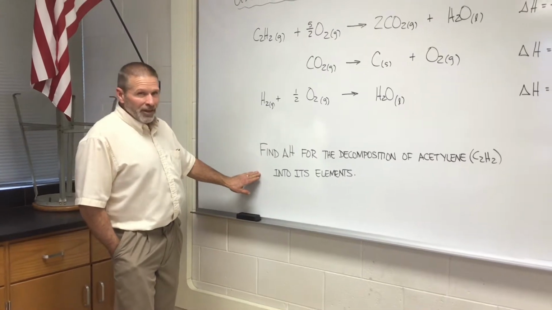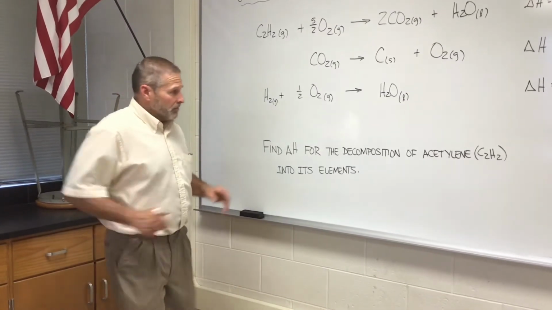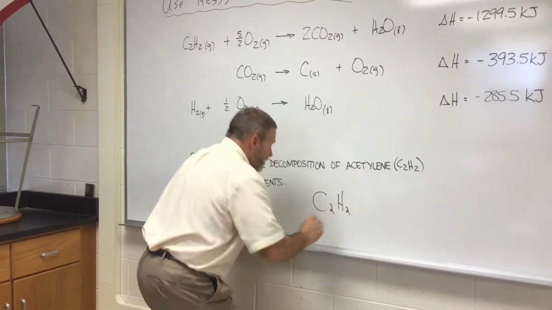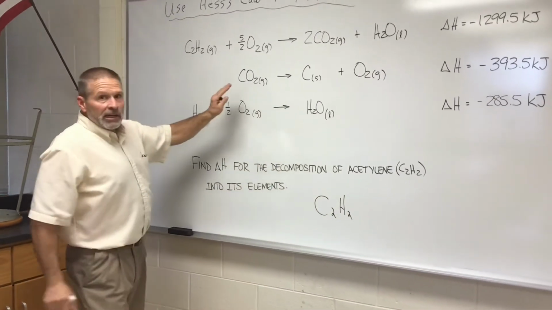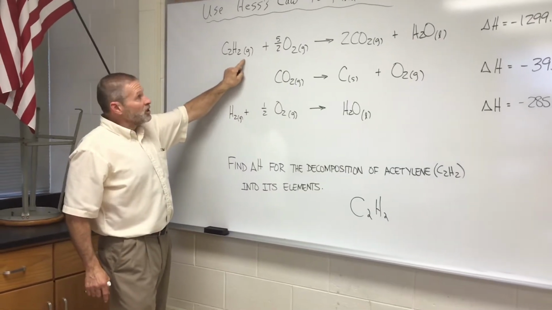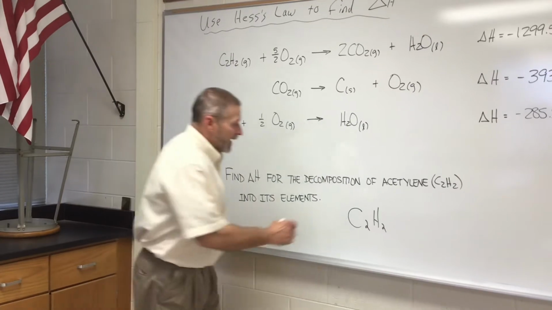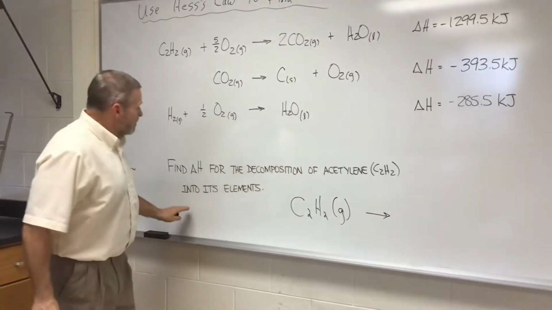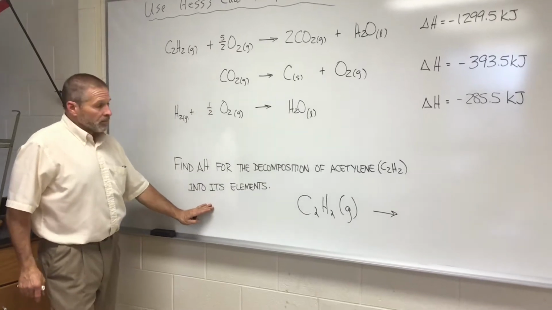Do you have that pictured in your head? Because I'm going to have C2H2. Now you have to be careful with phases here too, because the enthalpy change is based on the phase. This is a gas, and we're going to decompose it into its elements.